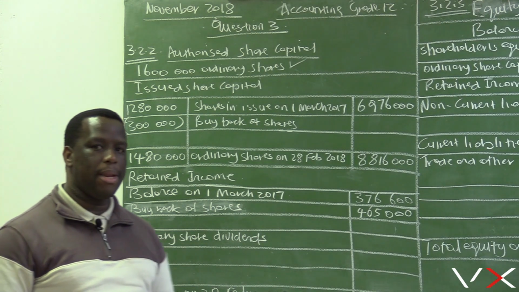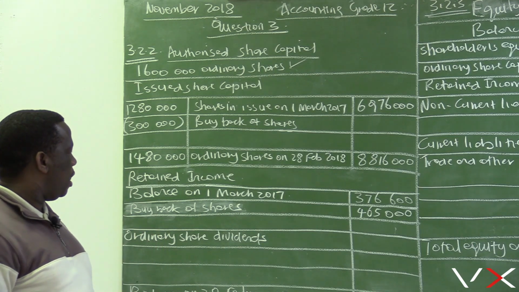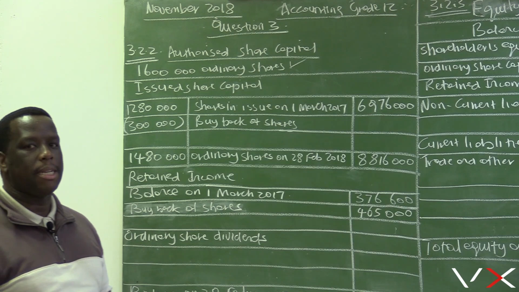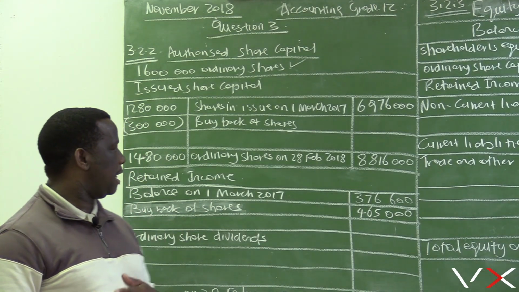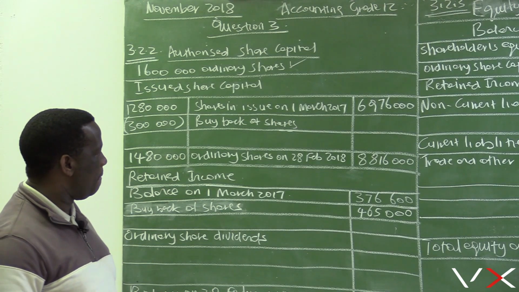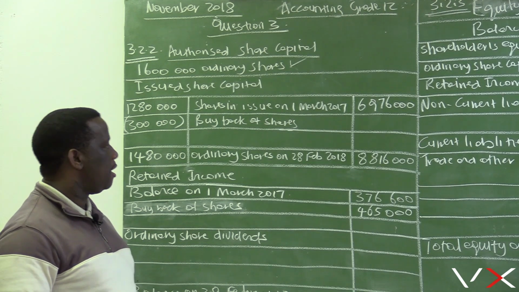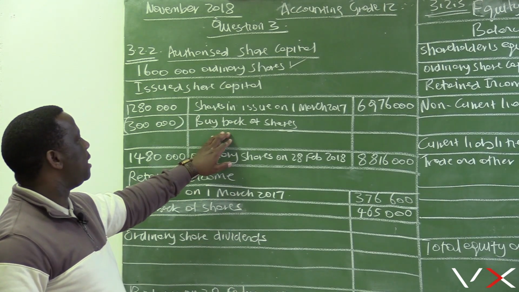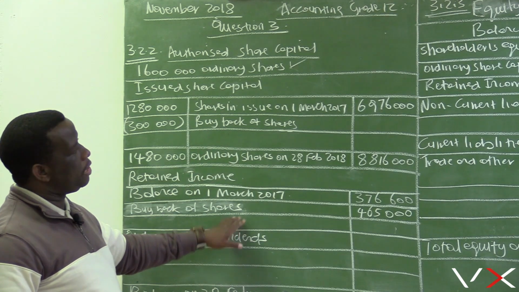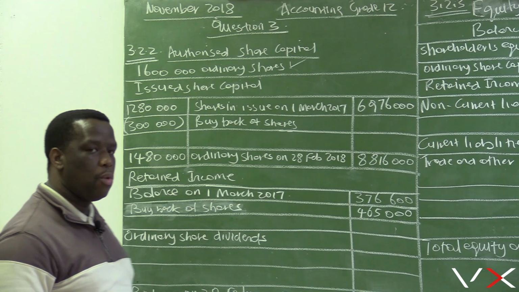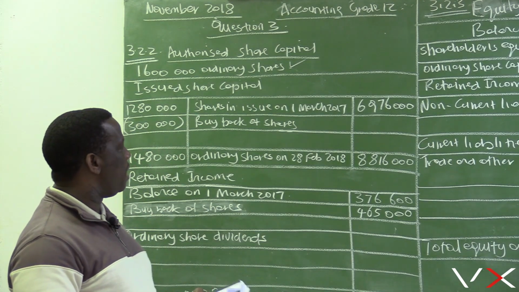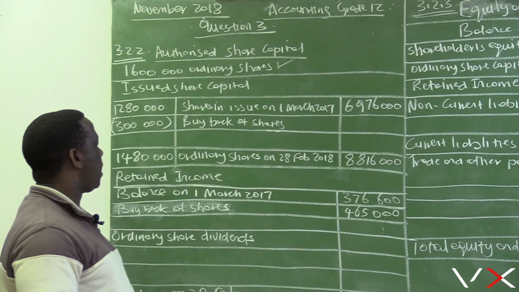The third place is the cash flow statement, and the price recorded there is the total repurchase price. So you have the average issue price in the issued share capital, the above average in retained income, and the total repurchase price in the cash flow statement. Let us then calculate the average issue price.